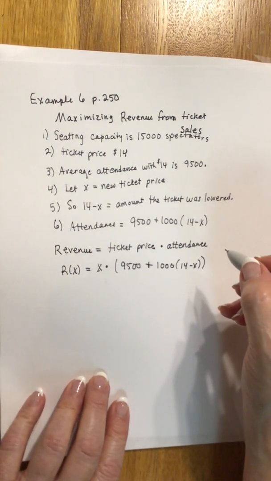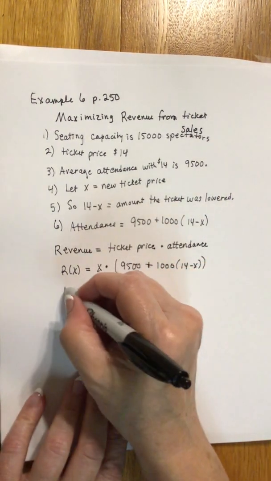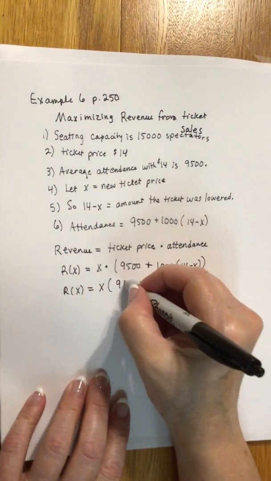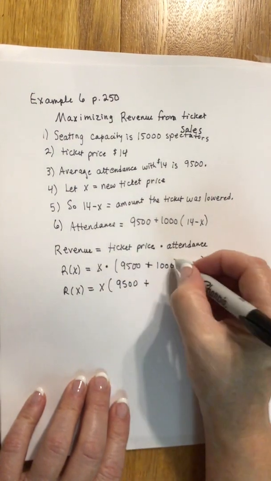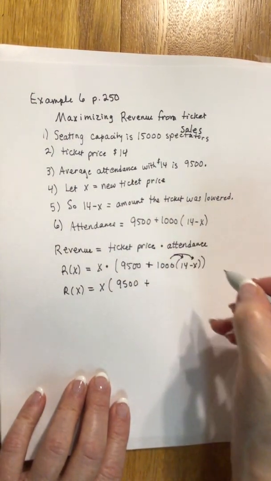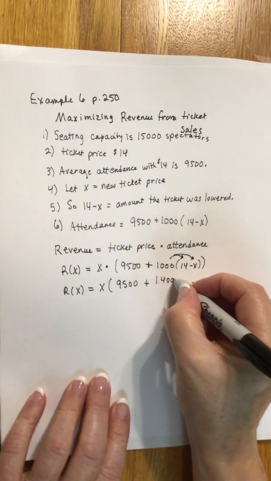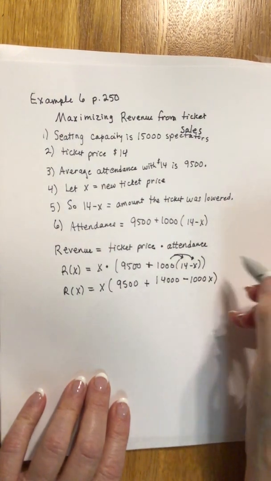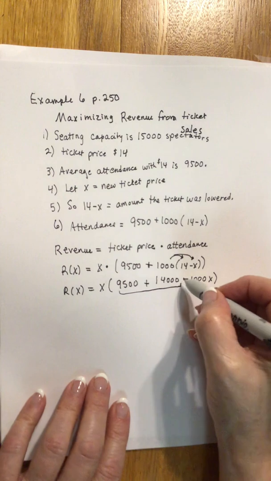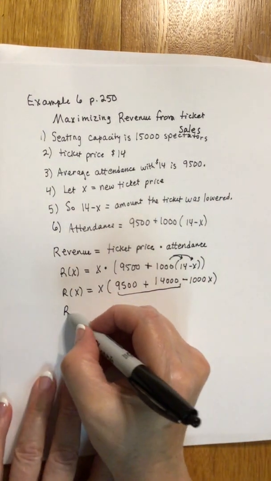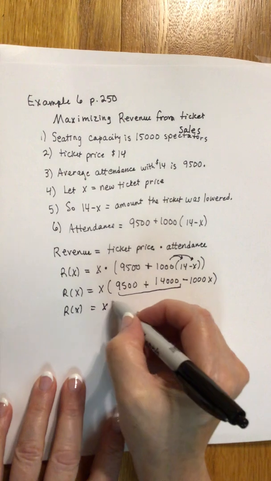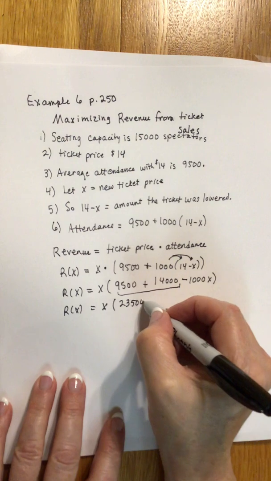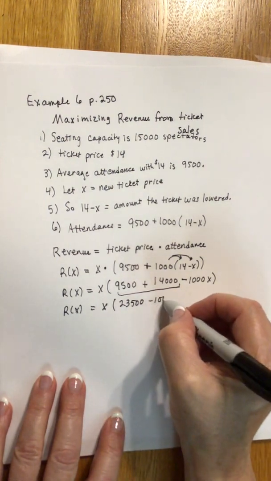So now we're going to simplify. We're going to go ahead and write it out and simplify it out. X parentheses 9,500 plus, and this is going to be distributed in. So I get 14,000 minus 1,000x. Now we're still inside the parentheses, so these two things right here are going to add together. So I get R of X equals X times 23,500 minus 1,000x.